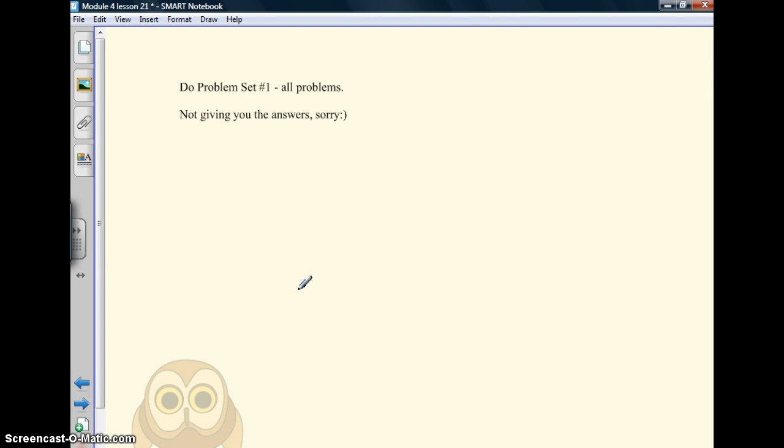Do problem set number 1. So, time out. Number 1, and, sorry, good thing I proofread this, and number 2. Number 2 is A through L, but they're very straightforward.